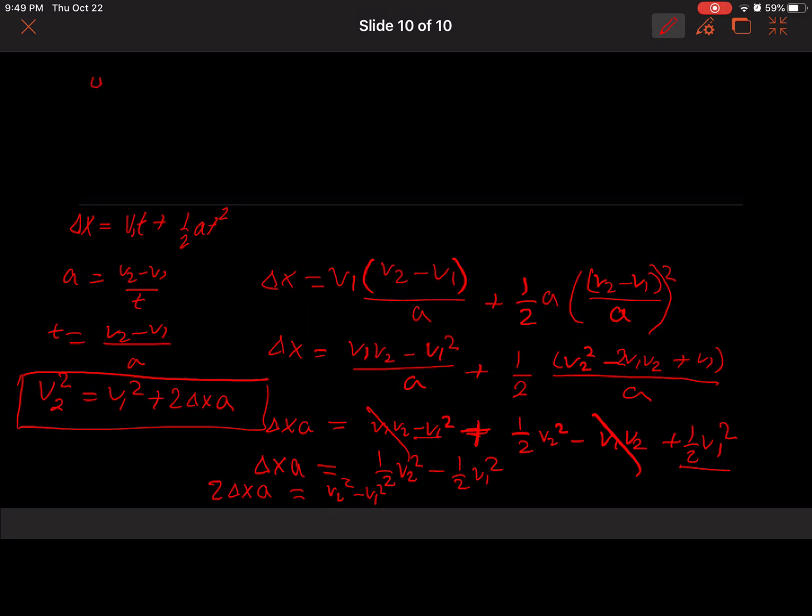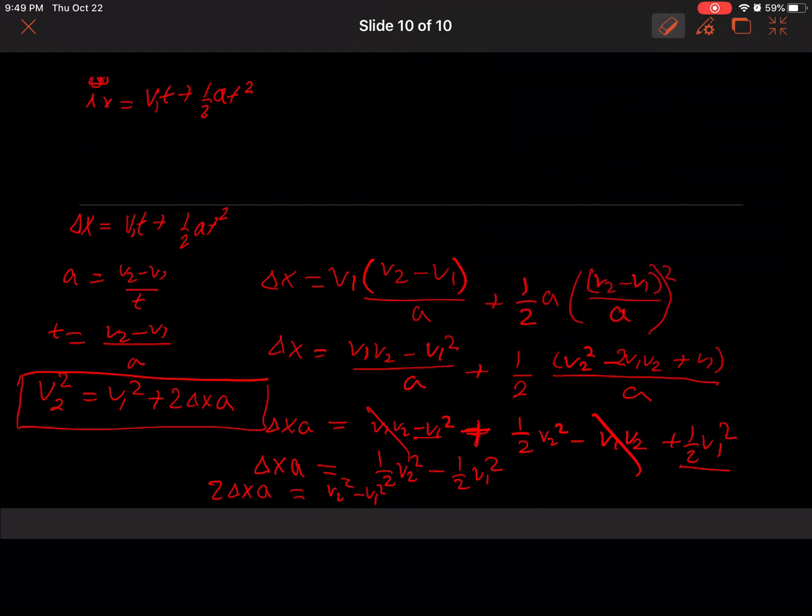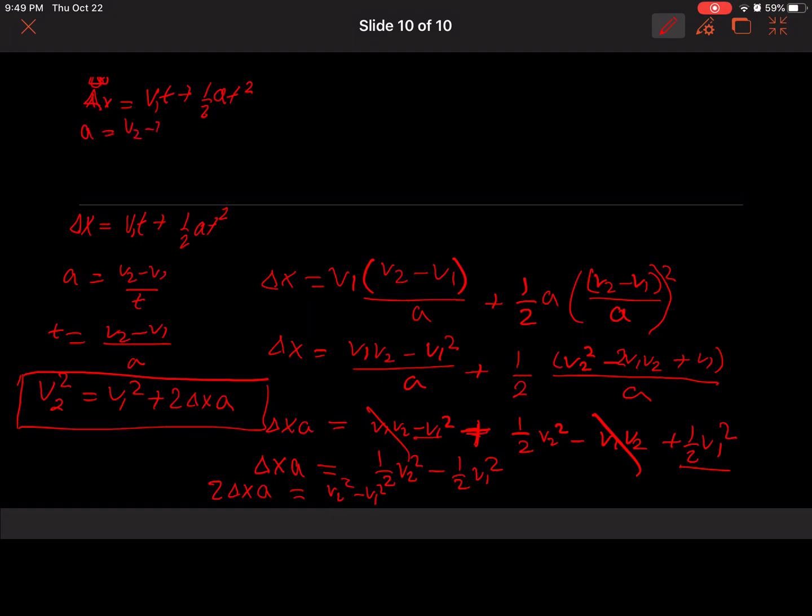The first one, hopefully you know what v1, a, v2 is all about now. A equals v2 minus v1.